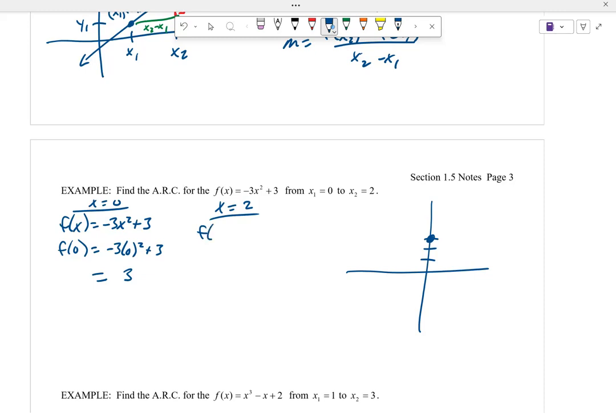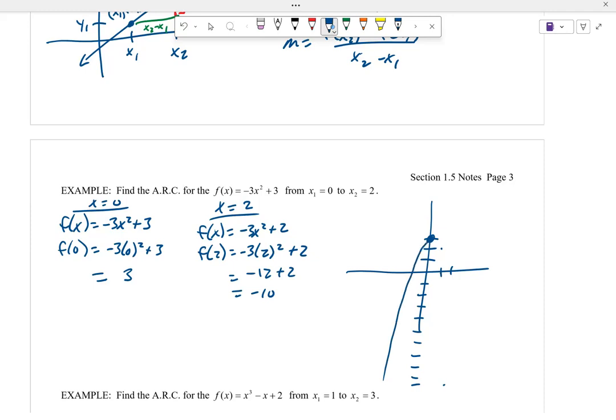Now if x is 2, let's plug that in. 2 squared is 4, 4 times negative 3 is negative 12, plus 3, so I got negative 9.